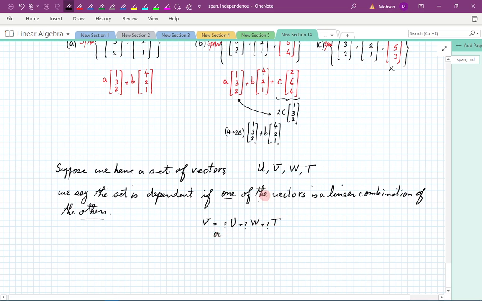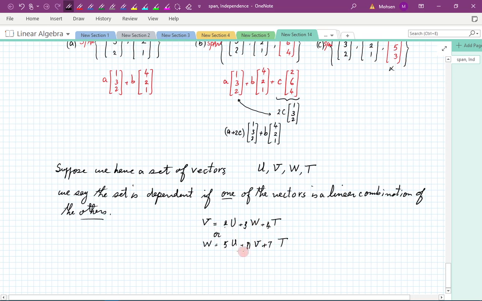Or perhaps it is W that's a linear combination of the rest of them. Perhaps W is a linear combination of, say, U and so on, with a question mark for whatever multiple you have here. Any number would work. So for example, if you had 2 and 3 and 4, or 5 and 11 times U and V and say 7T or whatever.